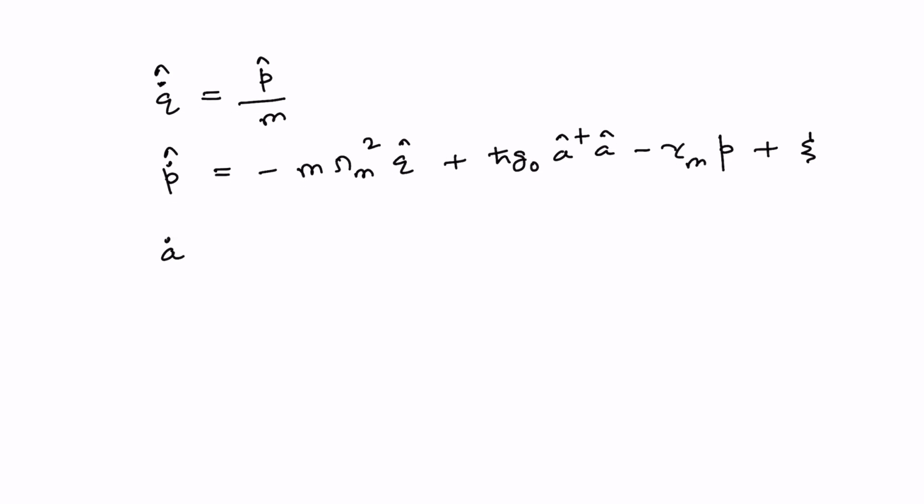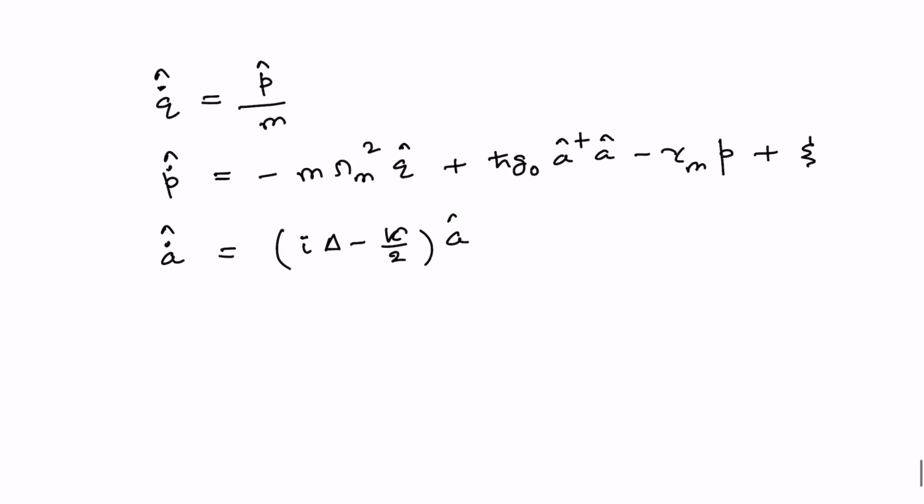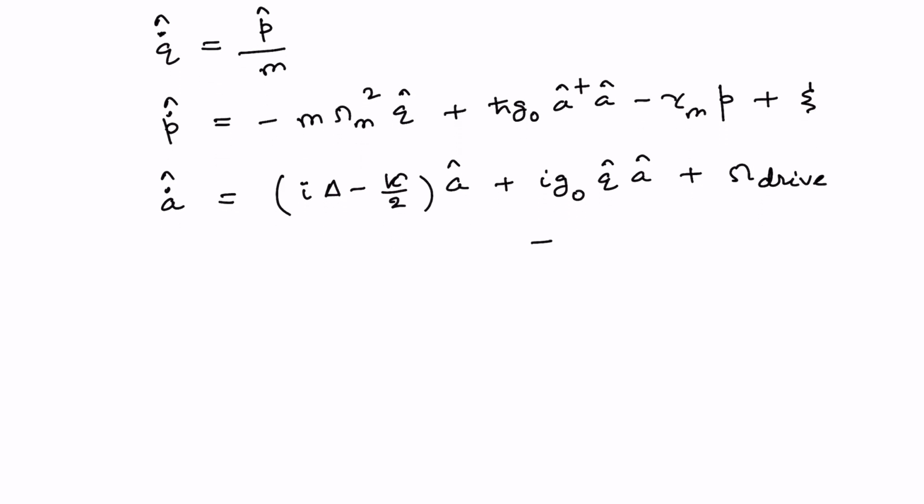And A dot is equal to i delta minus kappa by 2, because the amplitude decays at the rate kappa by 2, times A, plus i z0 q A, and we have this omega drive term. Apart from this we have to add another term, that is root kappa A in.